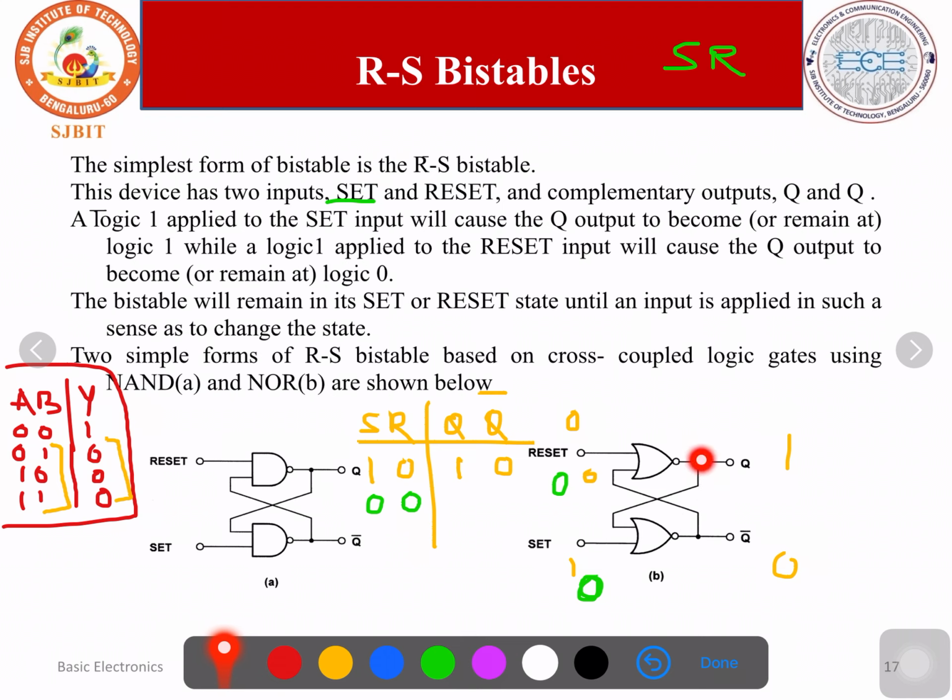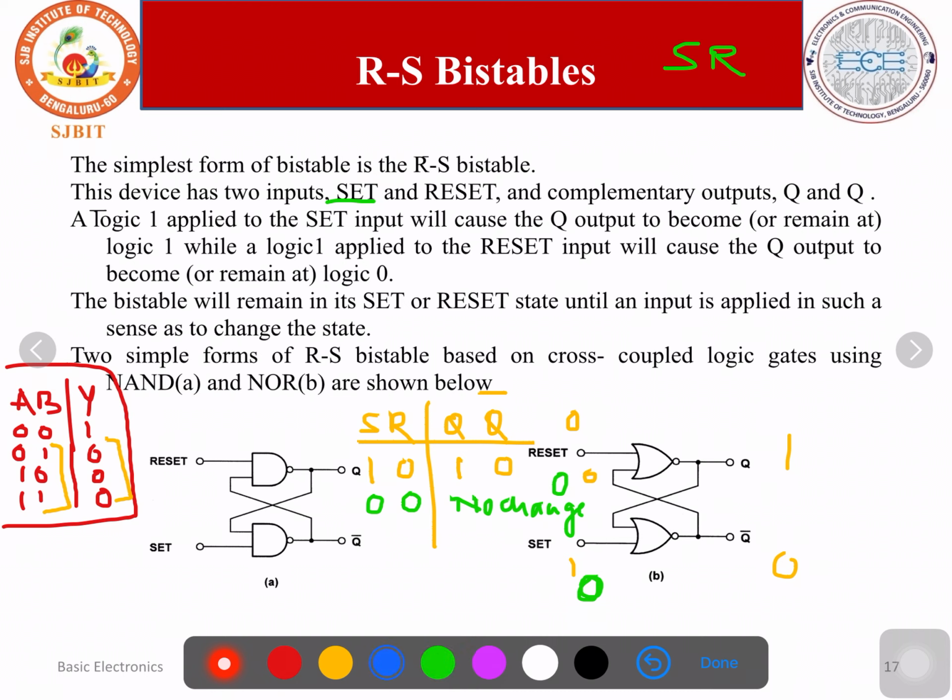The output of the first NOR gate comes here, that is 1. 0 OR 1 is 1, 1 complement is 0. The 0 comes here, 0 OR 0 is 0, 0 complement is 1. So there is no change at all. It retains the same state if S is equal to 0, R is equal to 0. There will be no change in the output. It maintains the same state in the RS bistable using NOR gates.